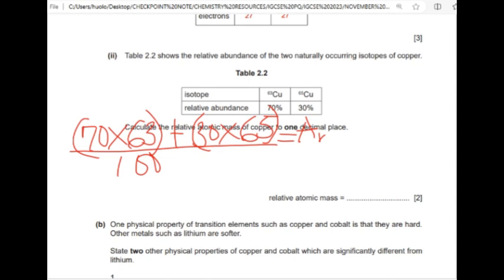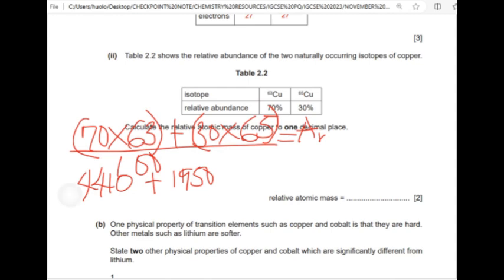So you could easily solve this out. 70 times 63, if you punch your calculator, you're going to have 4410. You add that figure, punch your calculator again, 65 times 30, you have 1950.